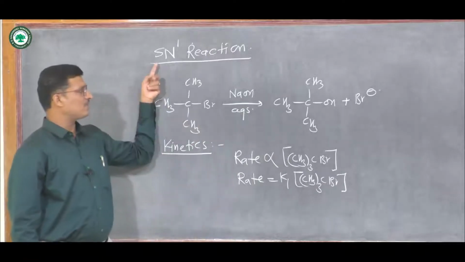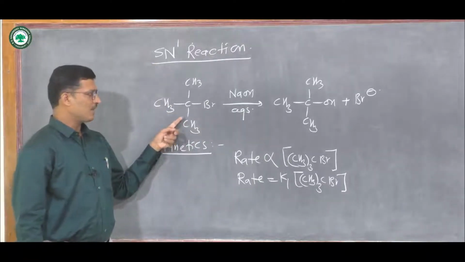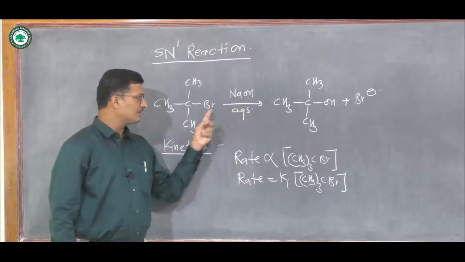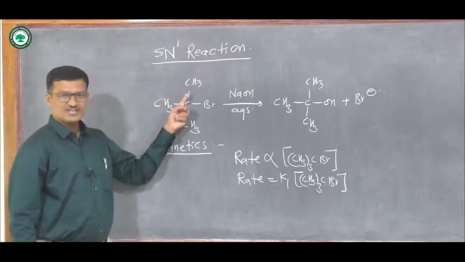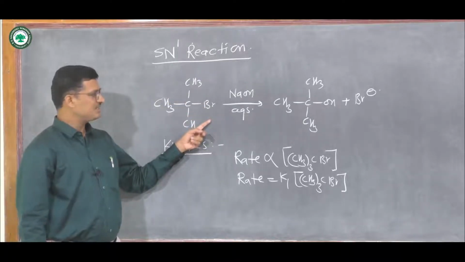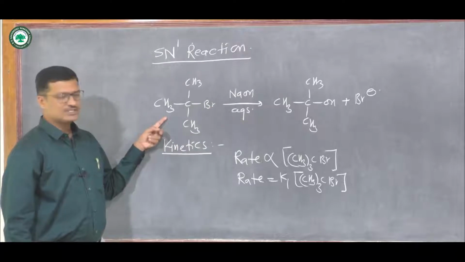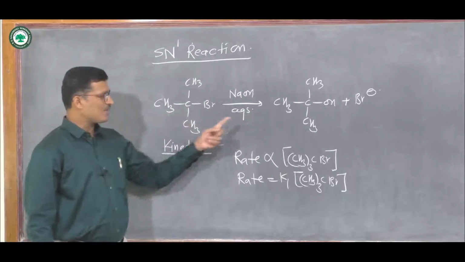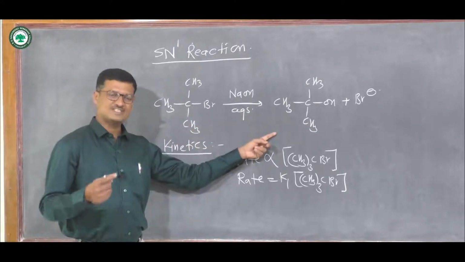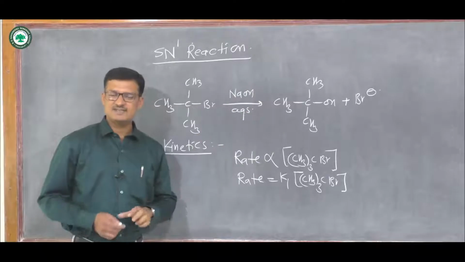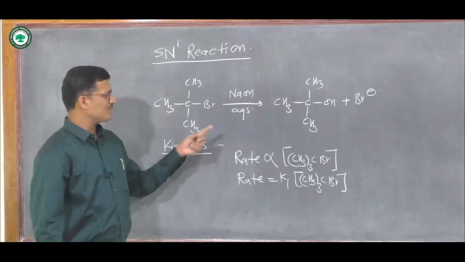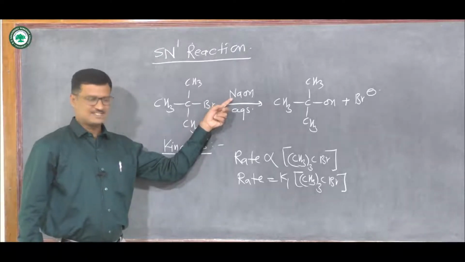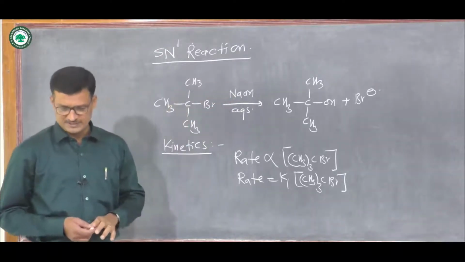In SN1 there is formation of a carbocation, which is planar, and up to the formation of the carbocation is the rate determining step. Once the carbocation is formed, the second step is the attack of the nucleophile, a fast step. So the rate of reaction does not depend on the nature of the nucleophile.